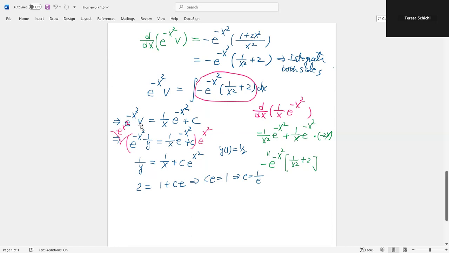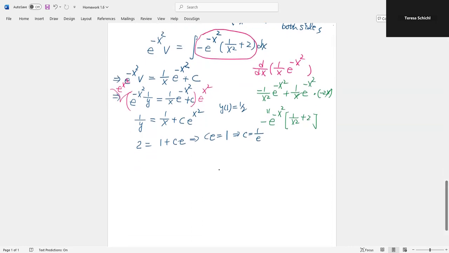Now I finally got my solution. 1 over y is equal to 1 over x plus 1 over e times e to the x squared.